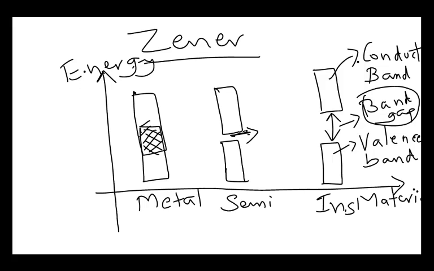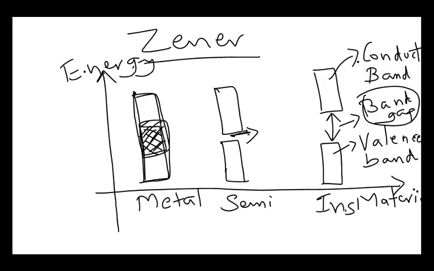This region is quite small compared to insulators. But if you look at metals, it actually overlaps, because this is the conduction band and this is the valence band, and it overlaps.